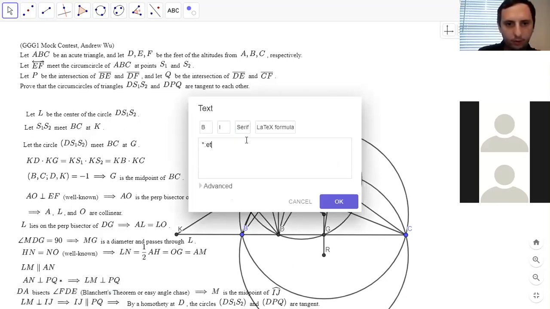I'll just write that really quickly. So let R be the center of the circle HBC, then OR equals AH. So that means that AHRO is a parallelogram.